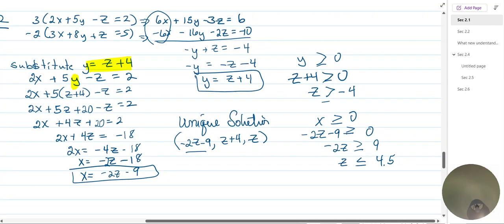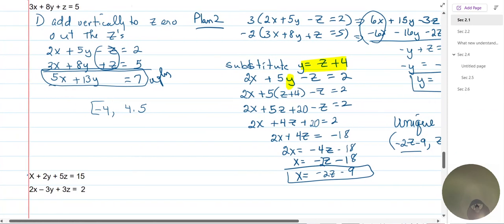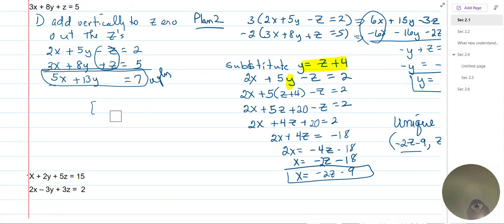Oh, negative 4.5. And that's where it can live to be a solution for a dependent system.